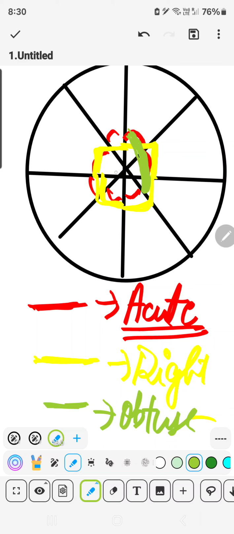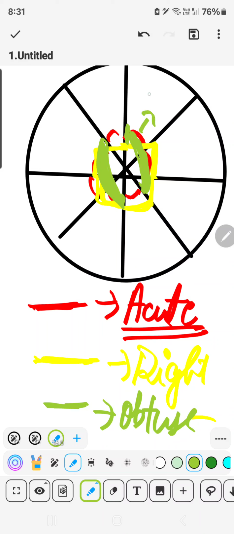This is obtuse, and from here till here it is obtuse. From here, if I count now, from here till here it is obtuse. This is obtuse. Obtuse is clear now?